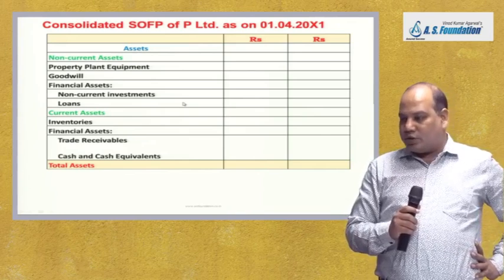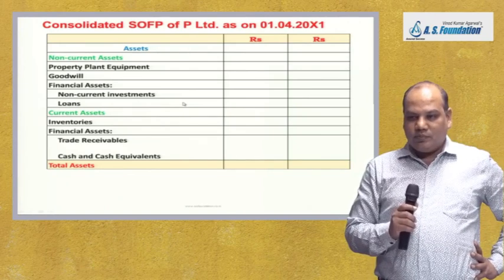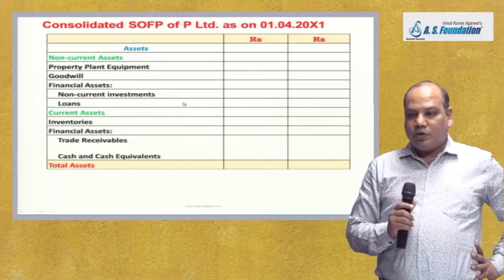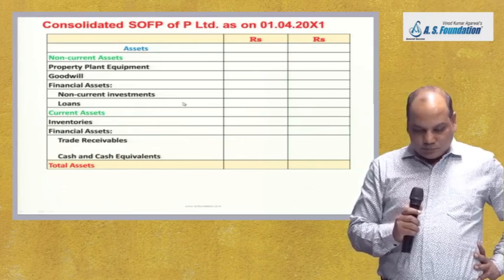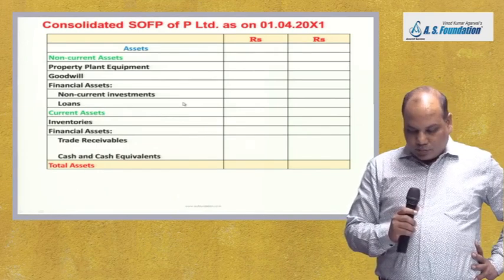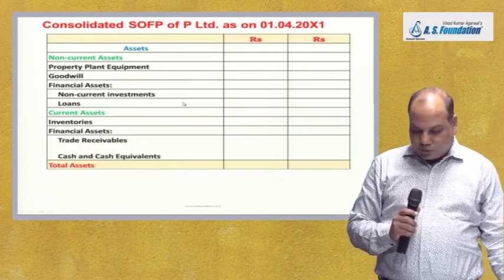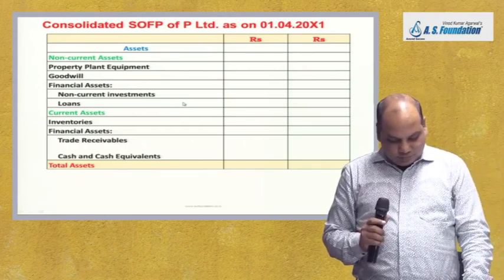The date of acquisition and the date of this SOFP both are same. Like the previous problem, there is no post acquisition profit or loss here. Write down the format, same format like your question book.